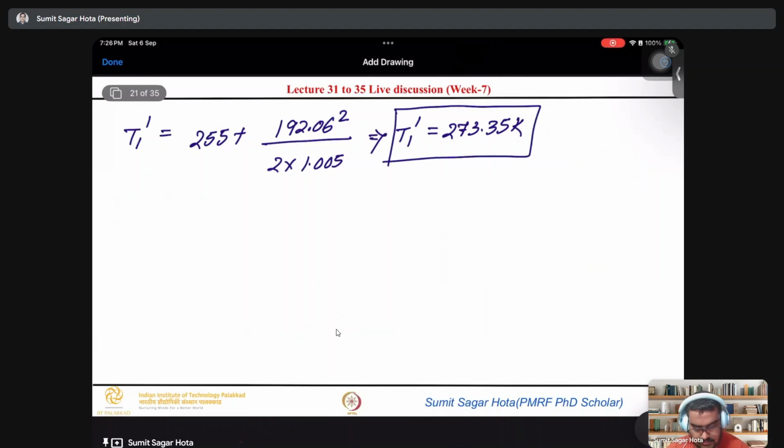So diffuser coefficient, ramming efficiency. What is the ramming efficiency given? 0.9, which is equal to P1 minus PA divided by P1 dash minus PA.